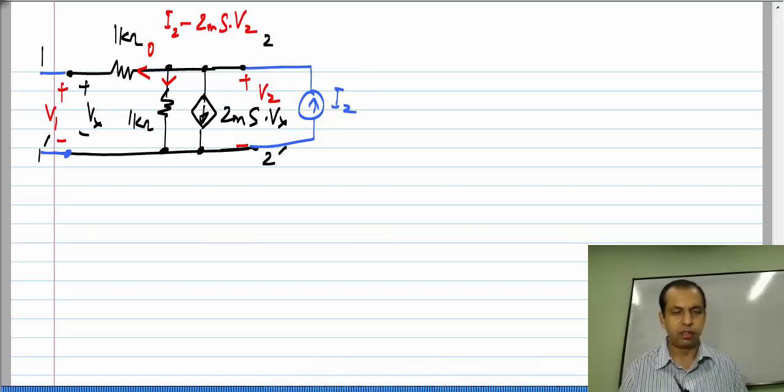So, I am going to write that right away. Now this voltage drop V 2 is the current through this 1 kilo ohm resistor times the 1 kilo ohm resistance.